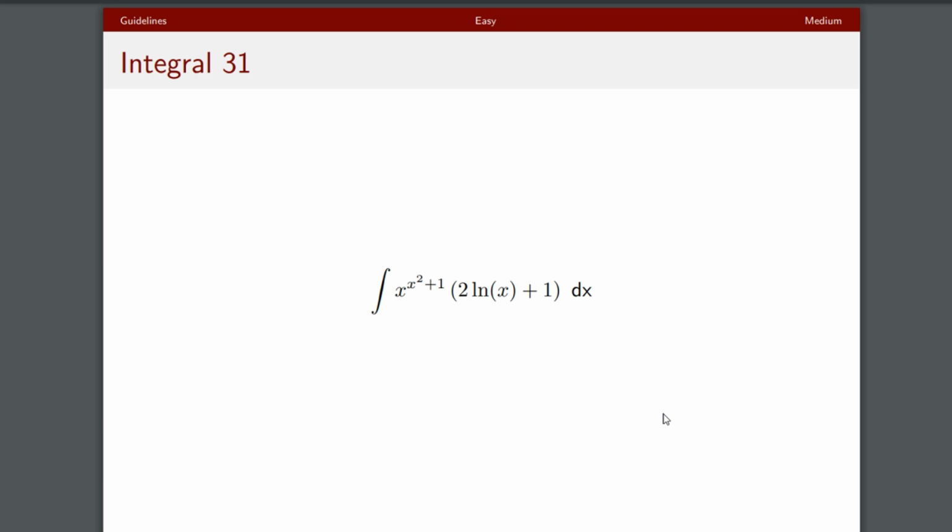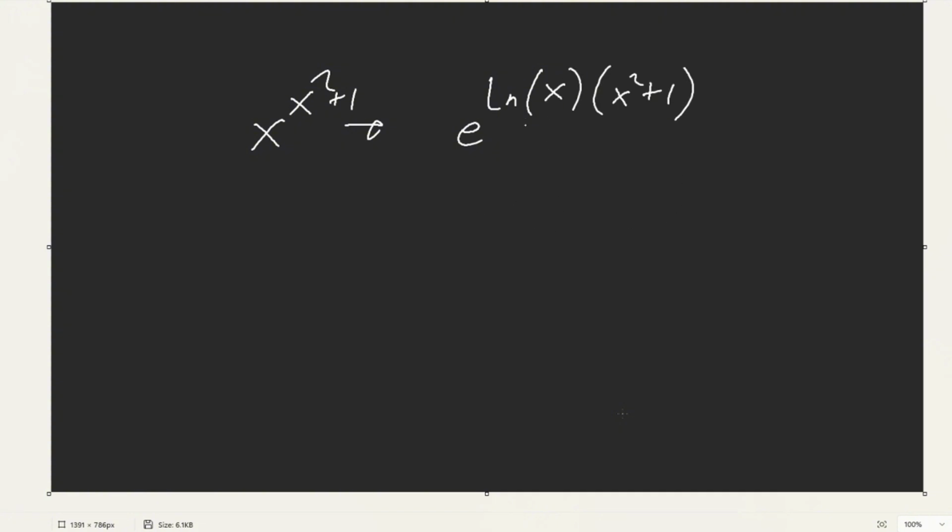Is it x to the power of x squared plus c? Let me double check before I guess. So they have e to the ln x squared plus 1. And so their derivative should look like this.